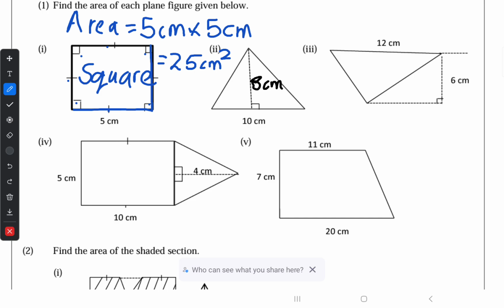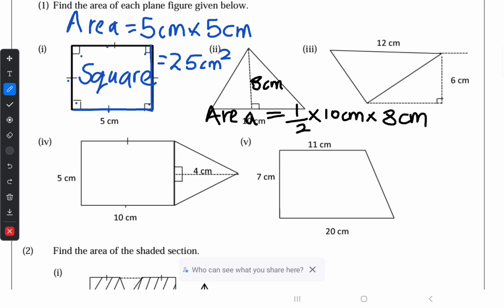To find the area of an acute triangle, area equals half into base. Our base is 10 centimeters, multiplied with the perpendicular height. The perpendicular height for this acute triangle is 8 centimeters.